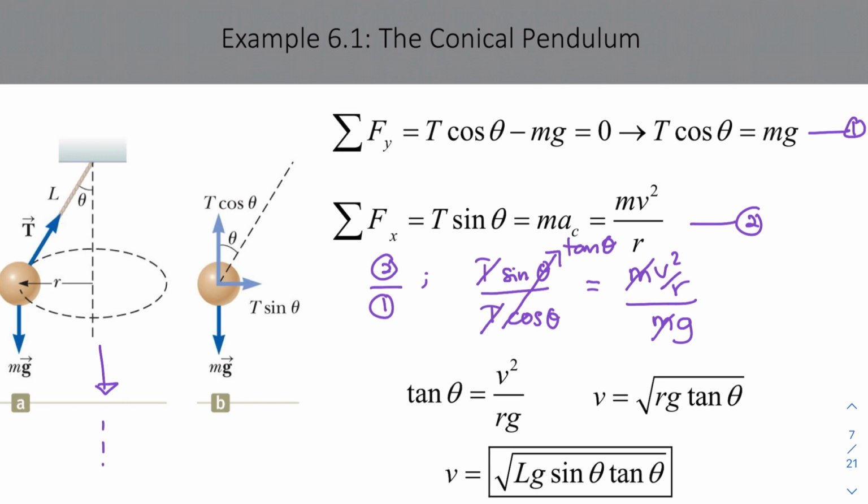Based on this triangle, you have theta here, r here, and L here. So you may have r as L sin theta. With that, you substitute the value of r with L sin theta, and finally you will have this equation.